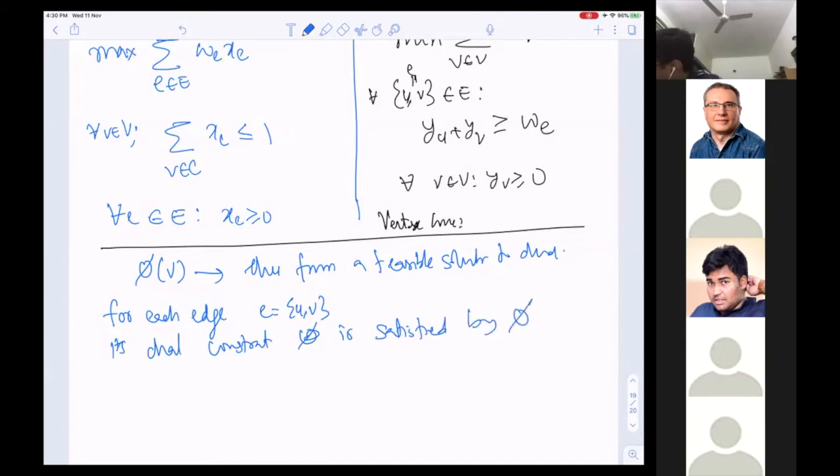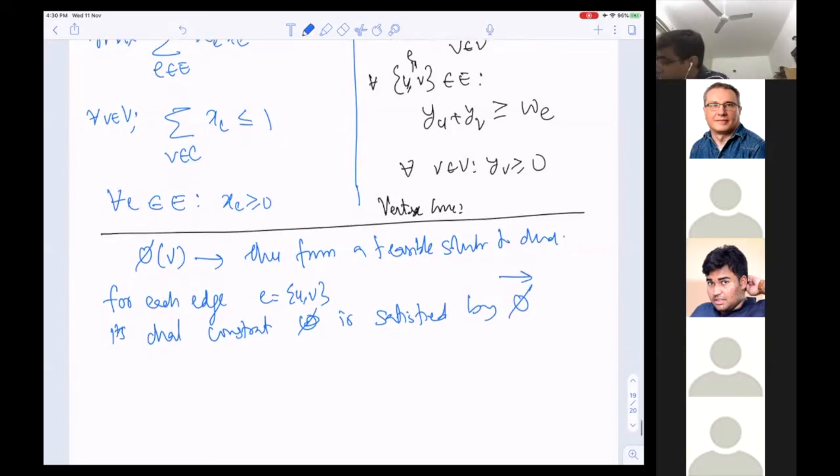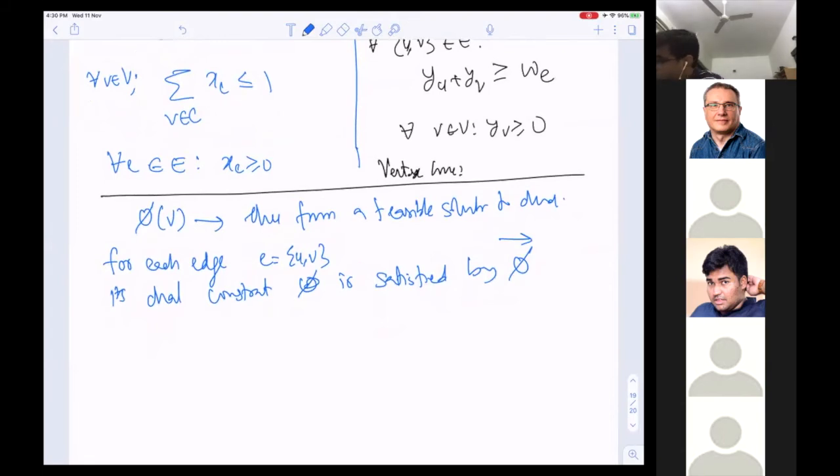So let's call this vector phi. Okay. Now, so two cases. First, let's see why this is true.